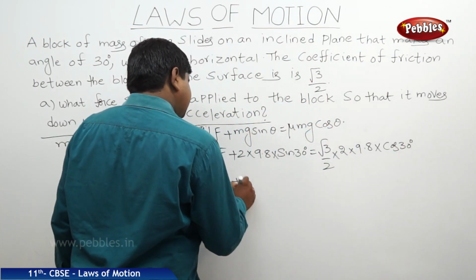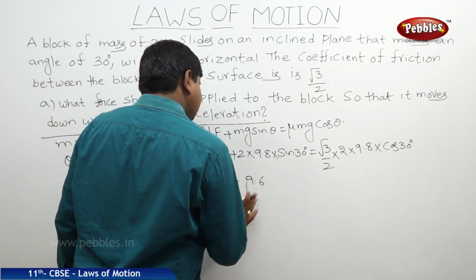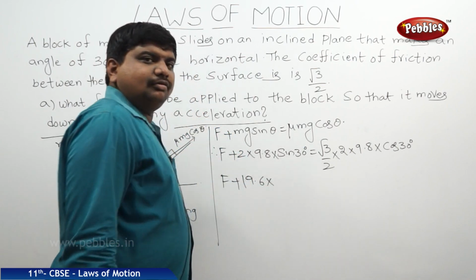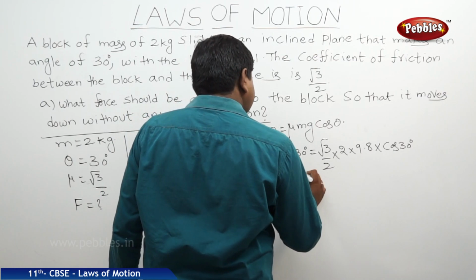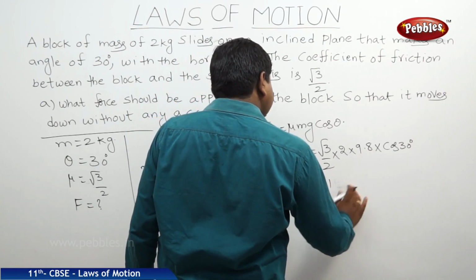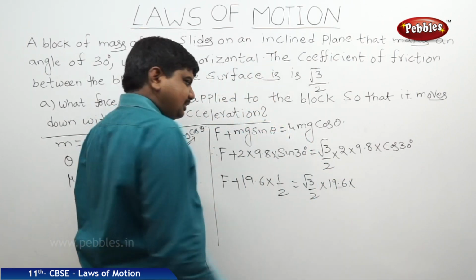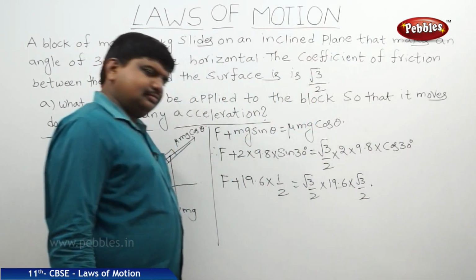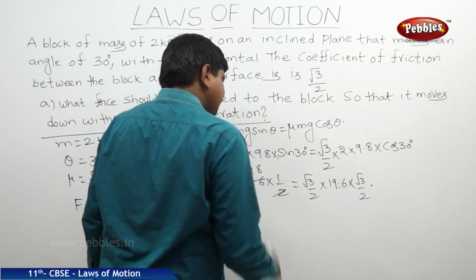So F plus 19.6 into sine 30 degrees, which is 1 by 2, is equal to root 3 by 2 into 19.6 into cos 30, which is root 3 by 2.